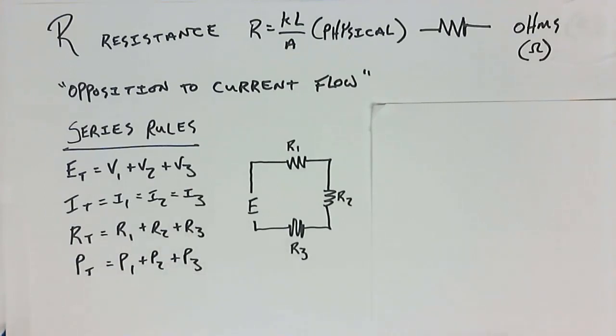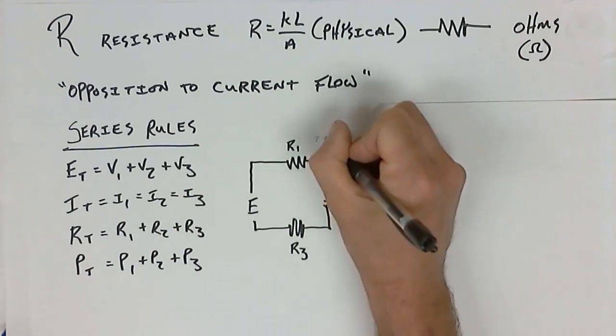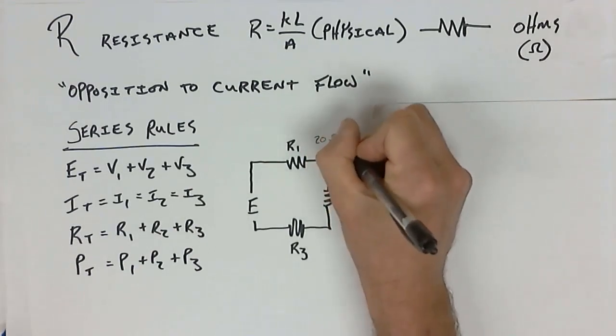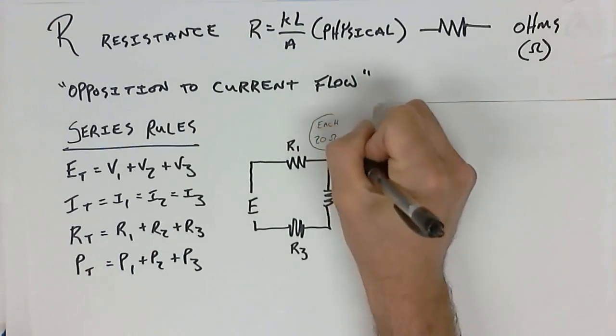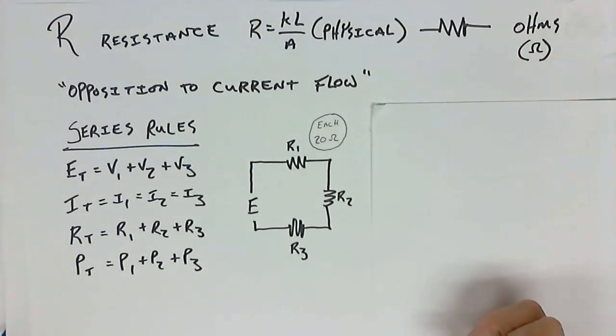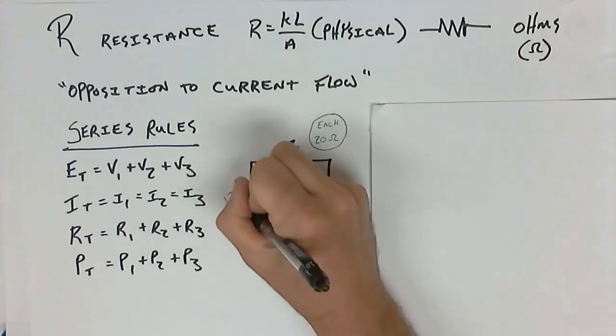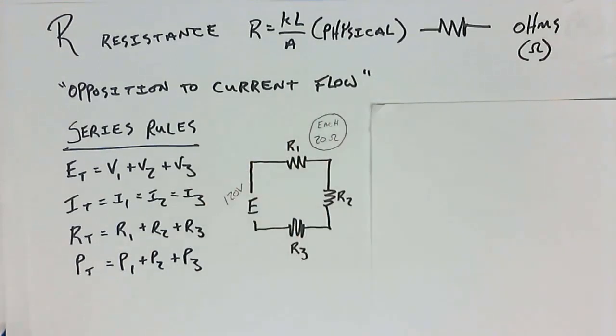If they were each 20 ohms, and we had a source voltage of 120 volts, then we'd be able to work out all of the individual items, right?